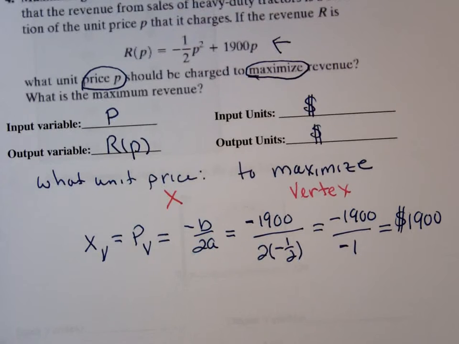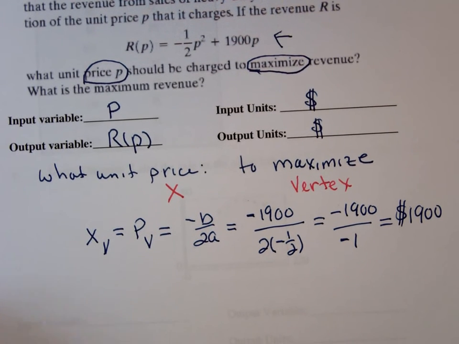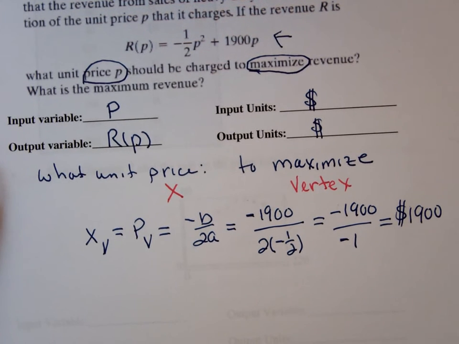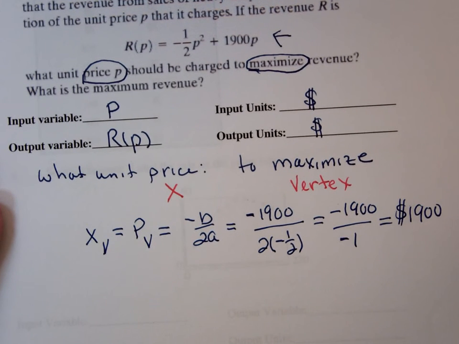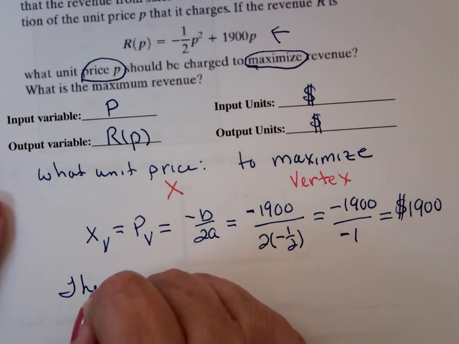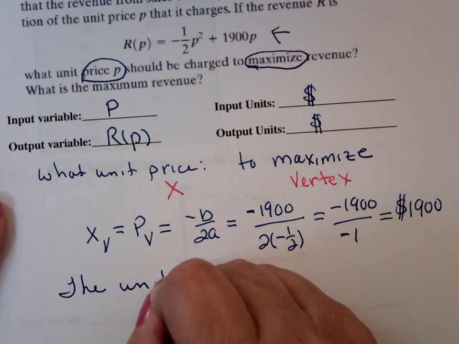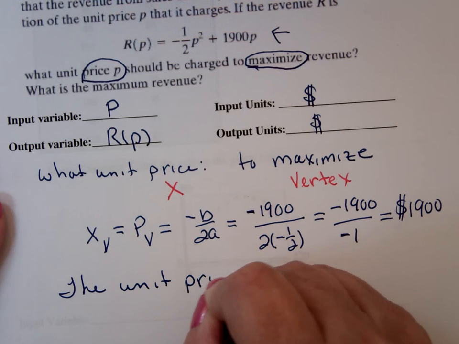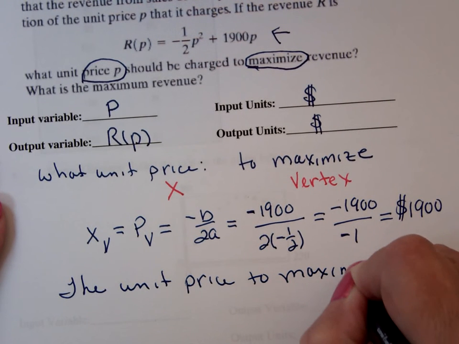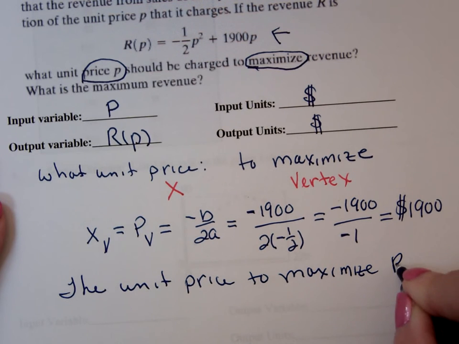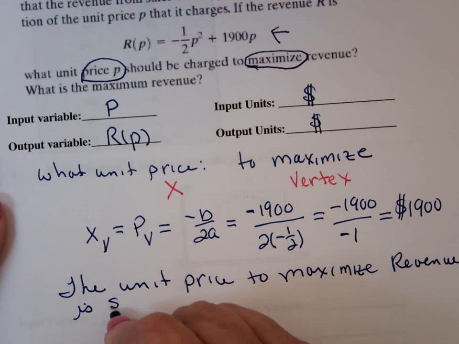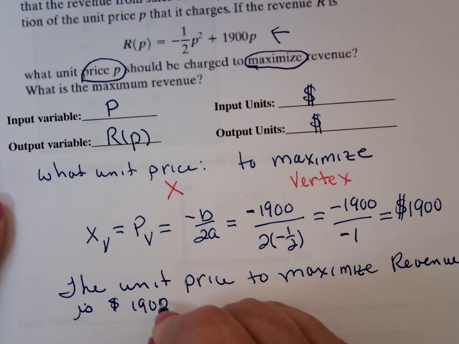Now, I don't know of a tractor that costs $1,900. What's the unit price? The unit price to maximize revenue is $1,900.